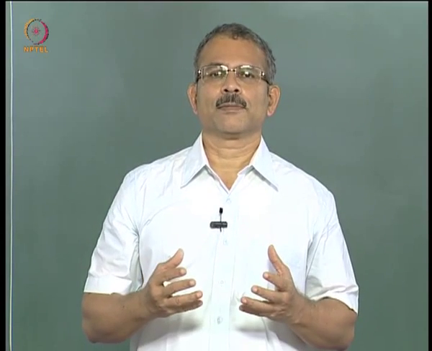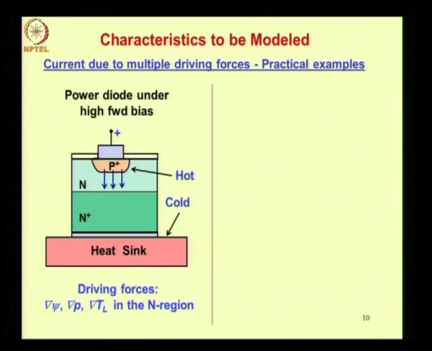So heat will be generated at that location, and that is why on the slide this region is shown as hot. On the other hand, there will be a heat sink connecting to the diode to cool the diode, and the heat sink will be at room temperature, so this is cold. So you see there is a heat flow from the junction towards the heat sink, or there is a temperature gradient, right? So this temperature gradient would set up a thermoelectric current.